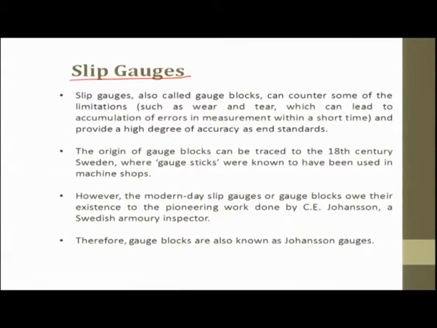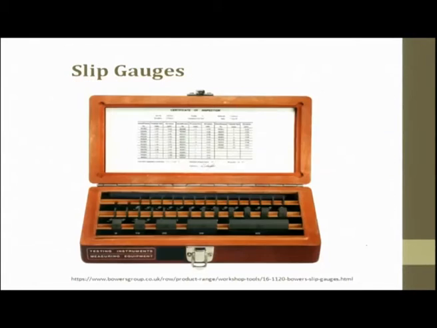The origin of gauge blocks can be traced to the 18th century in Sweden, where gauge sticks were found to be used in the machine shop. However, in modern days, slip gauges or gauge blocks owe their existence to the pioneering work done by Johansson, a Swedish armory inspector. Therefore, the gauge block is sometimes called Johansson's gauge.